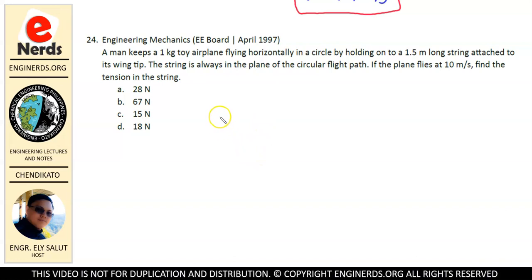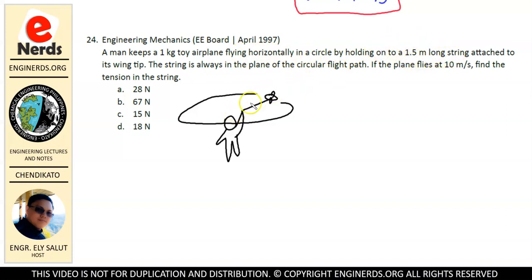I'll just illustrate it so we can visualize it. Let's say this is the man, playing with an airplane. So we have a string, and attached here is our toy airplane, and it is moving in a circular direction. Based on this, the length of our string, as you can see from the given, is 1.5 meter long.